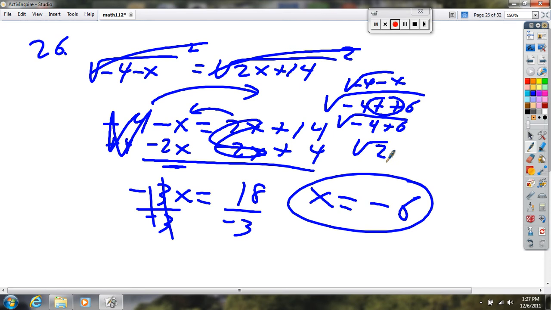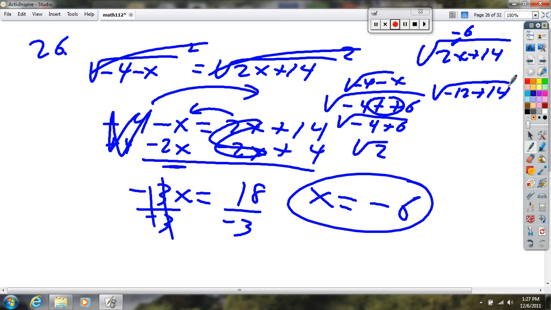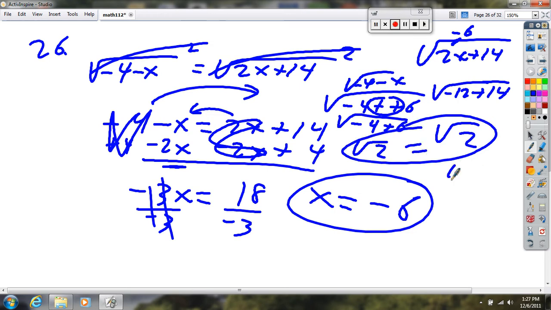On the other side, I've got 2x plus 14 inside. The x is negative 6. So it's 2 times negative 6, so it's negative 12 plus 14. 14 minus 12 is the square root of 2. They're equal, right there. They check. Negative 6 is the right answer.